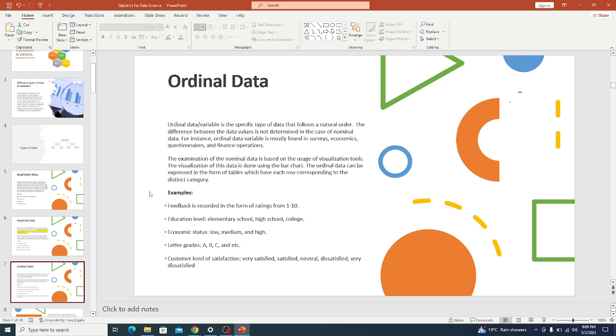Now let's try to get more understanding of ordinal data. First of all, take note, it follows a natural order. So the difference between the data values is not determined, as in the case of nominal data. For instance, ordinal data variables are mostly found in surveys, economics, questionnaires, and finance operations.